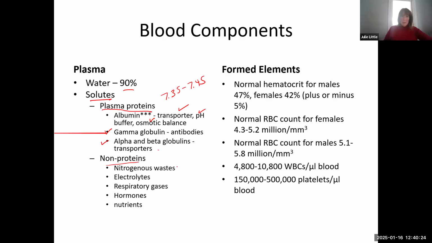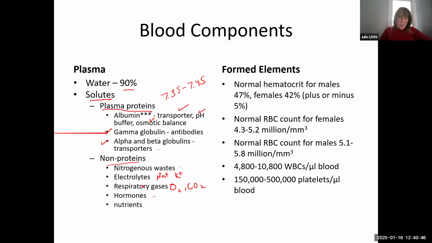The non-proteins would be like the nitrogenous waste we talked about earlier. If you eat protein, you produce nitrogenous waste, and it will be taken to the kidney, and we'll get rid of that nitrogen. Electrolytes is anything charged, like sodium or potassium, say. Respiratory gases would be oxygen and carbon dioxide.